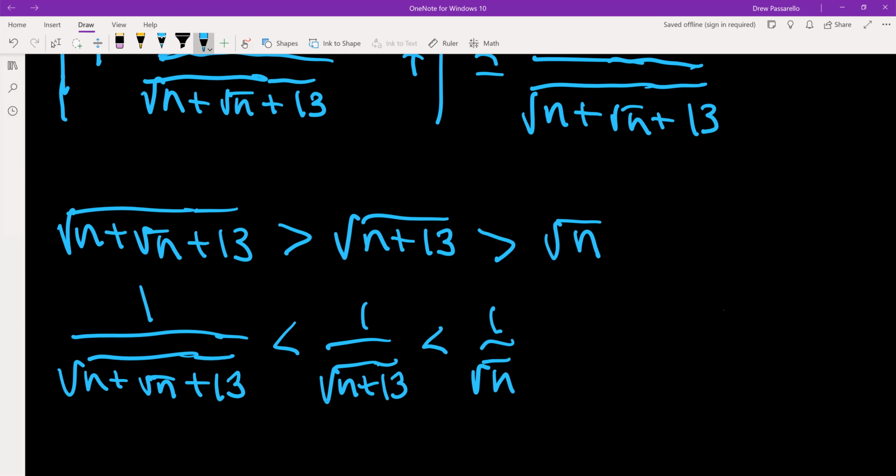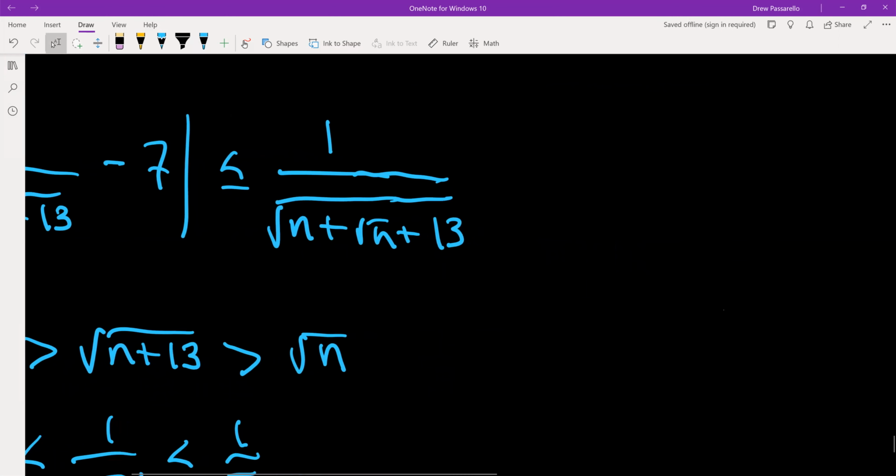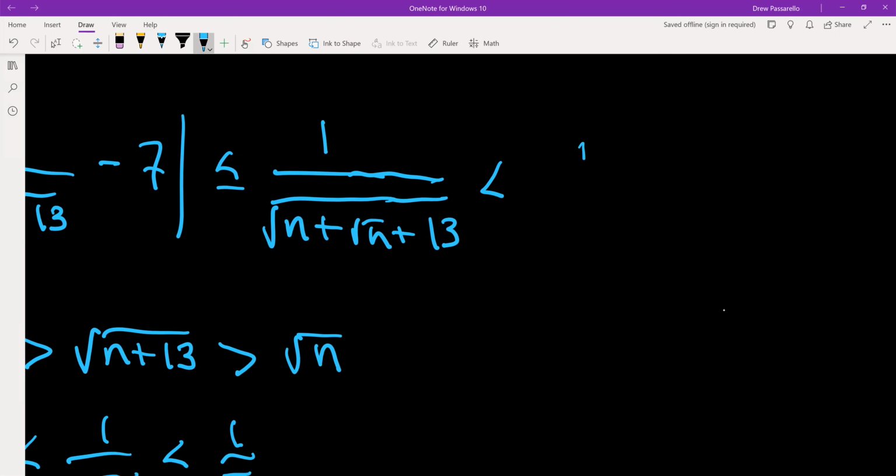So that we can go from this part to saying that's less than 1 over square root of n plus 13. And that itself is less than 1 over square root of n.